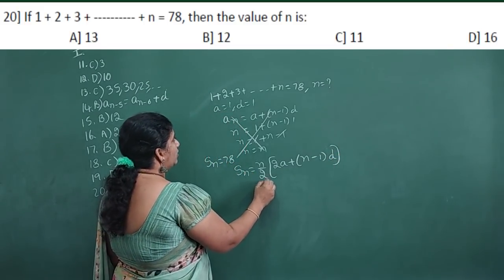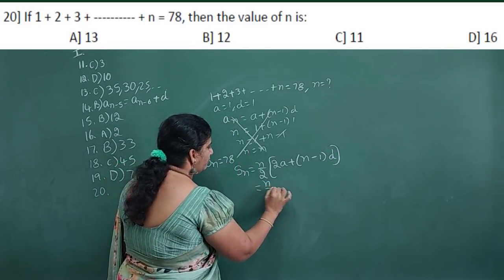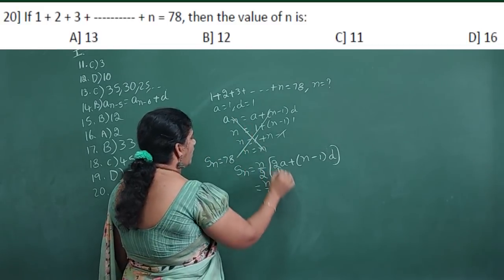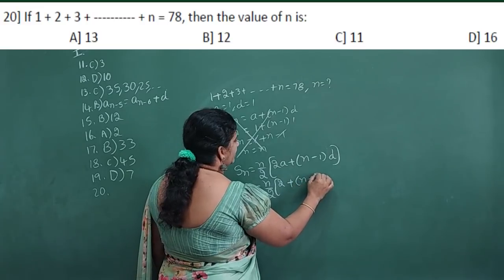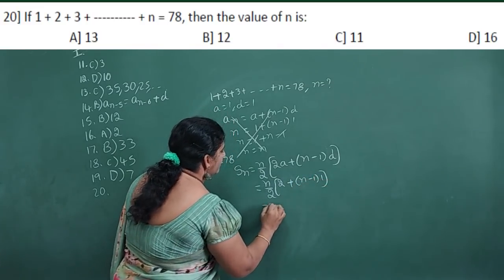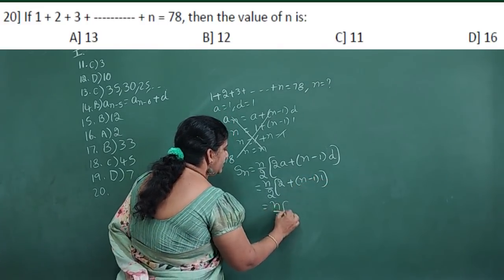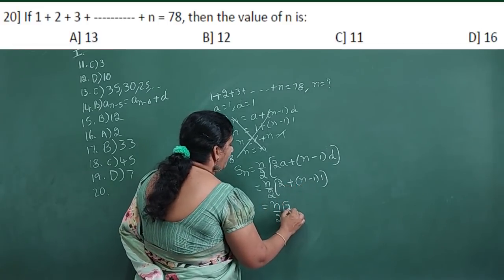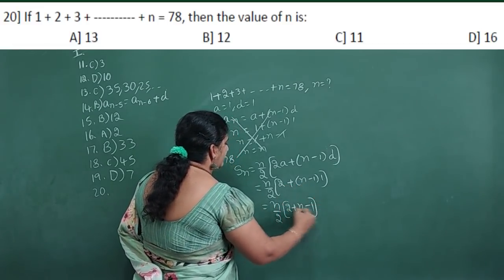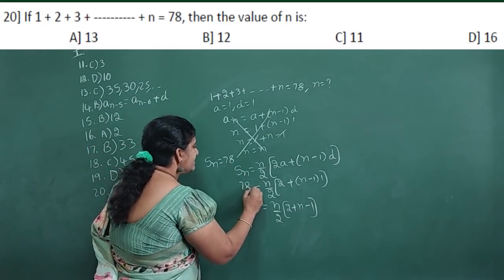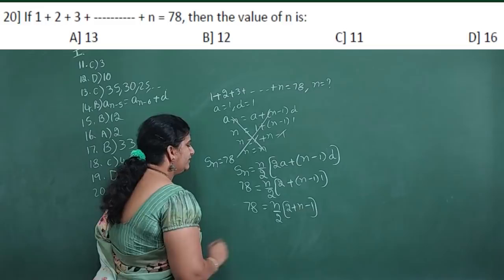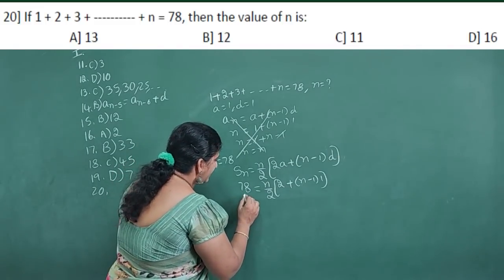Sn is equal to, n value we don't know, a value 1, 2 into 1 will be 2, n minus 1 into d value 1. N by 2 into 2 plus n minus 1. And you know Sn value, right? Substitute here, 78. Now this 2 multiply on the other side.